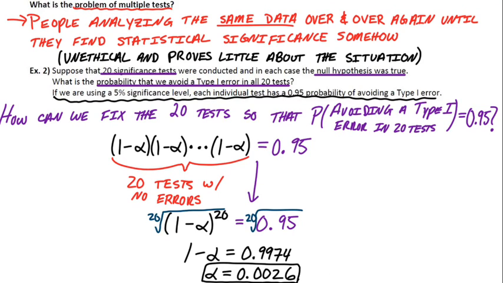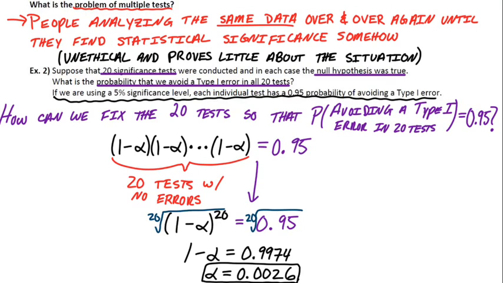But think about it, that's what the alpha level would have to be across all of those 20 tests if we still wanted to be 95% avoiding a type 1 error. So before, when it was 0.05, we ended up getting a 35% chance.